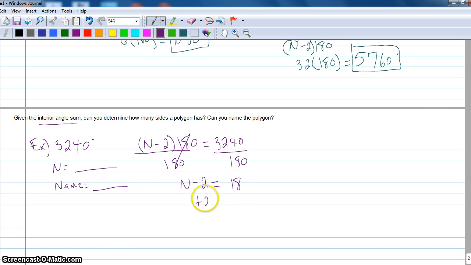And then add the 2 over here. N is 20. What's the name for a 20-sided polygon? I don't know. It's a 20-gon. The only ones I expect you to memorize are the ones that I gave on the list in the 1.6 notes. Let's try another one.